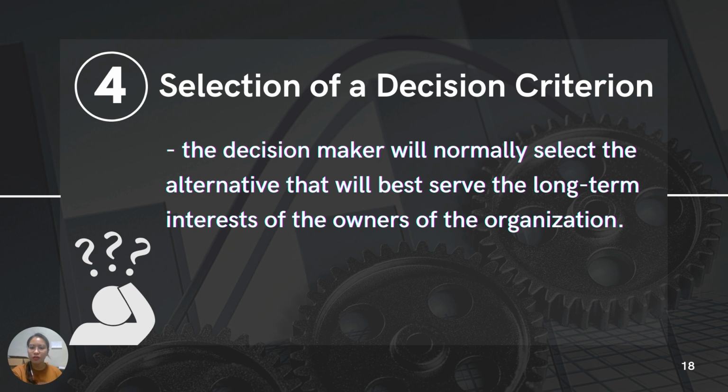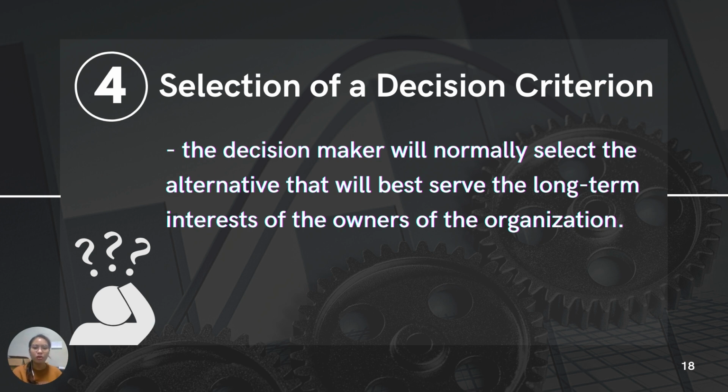Okay, so fourth is the selection of the decision criterion. Selection of decision criterion incorporates Principle 5, meaning consider all relevant criteria.